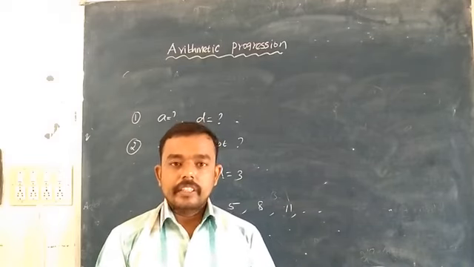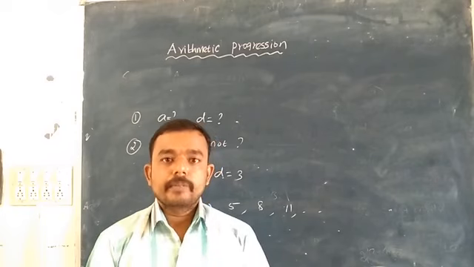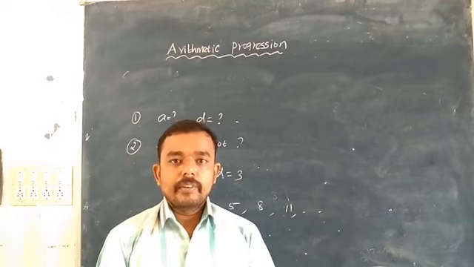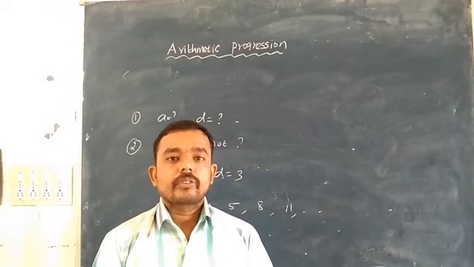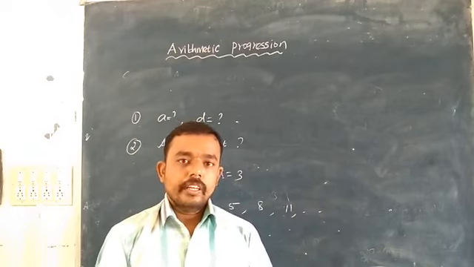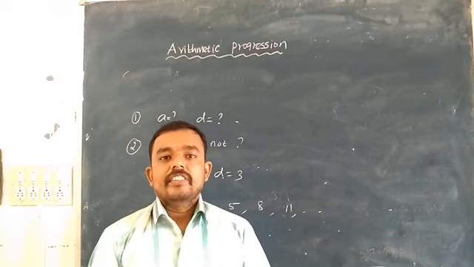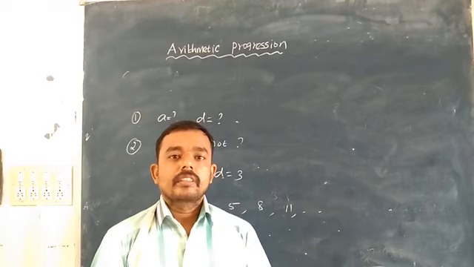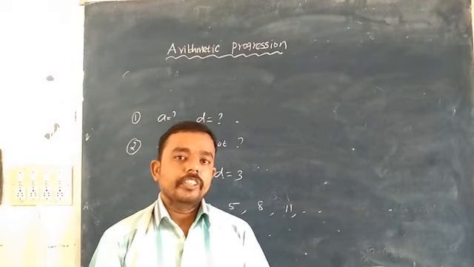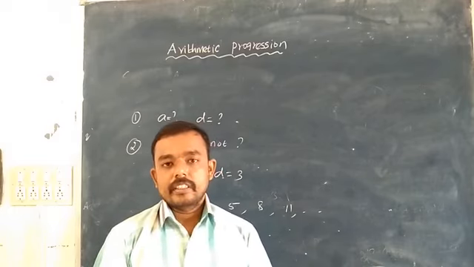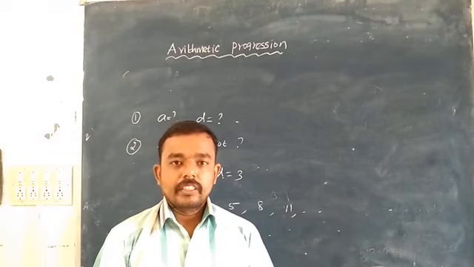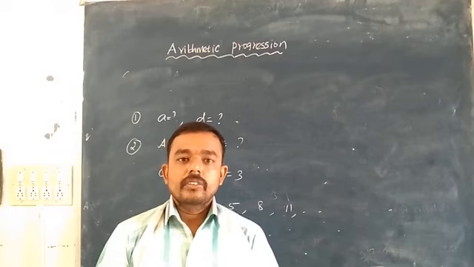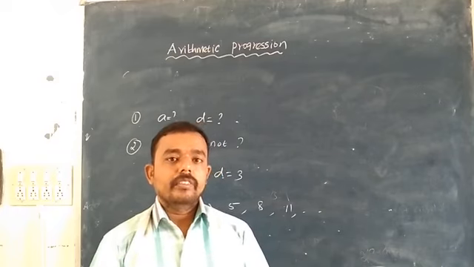After that you studied the general form of the arithmetic progression. By using the general form, the nth term of an arithmetic progression is a plus (n minus 1) into d. And finally we studied from last how to write the arithmetic progression, l minus (n minus 1) into d. From last we can write. And finally the sum of n terms is also given here, and using these we need to solve examples.